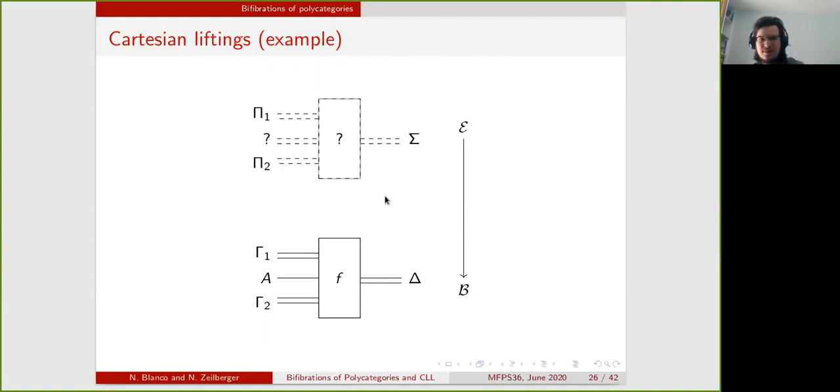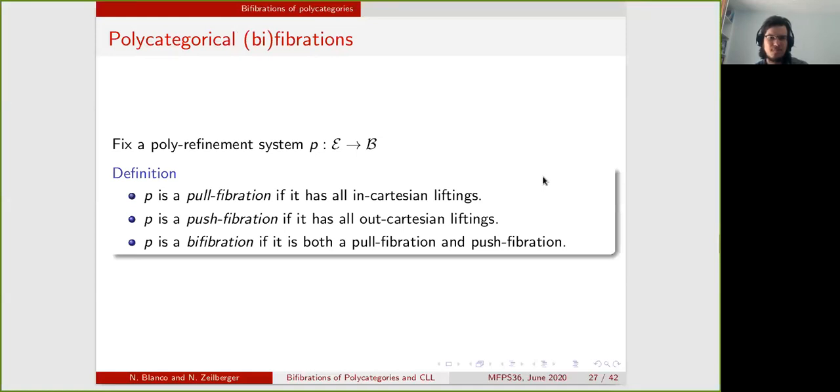And so this object that lies over A we call the pullback of sigma along F in context pi1 and pi2. We'll often just refer to it as a pullback. And the map will be called the Cartesian lifting of F. There is something, of course, similar for output, and we call the dual notion of a pullback a pushforward.